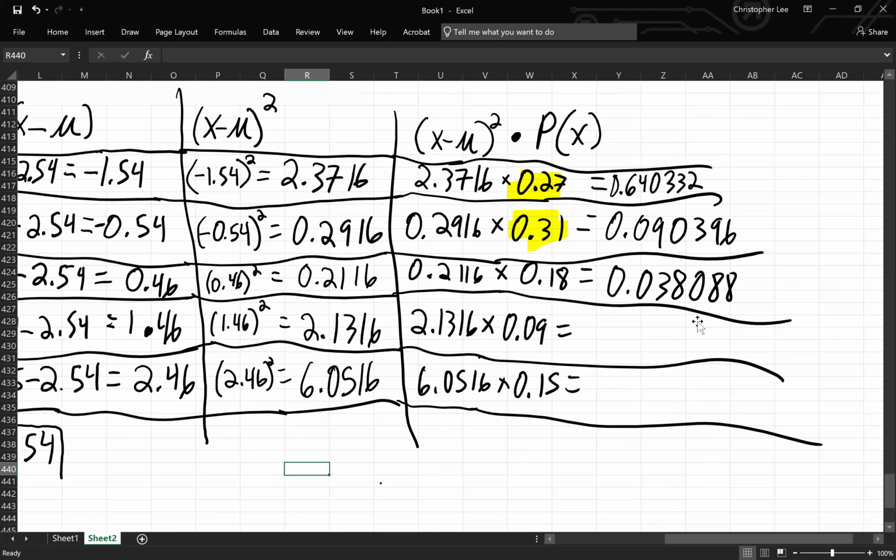Okay. All right. 2.1316 times 0.09. What is that? 0.1918 44. Last. 6.0516 times 0.15. What is that? 0.9774.